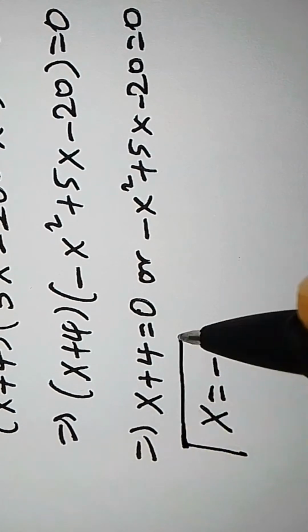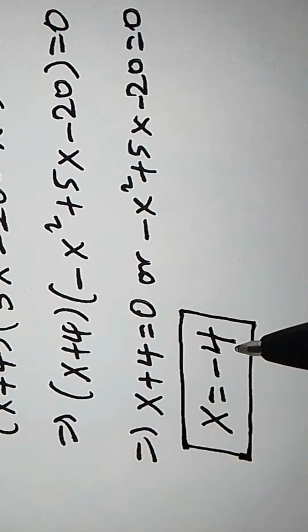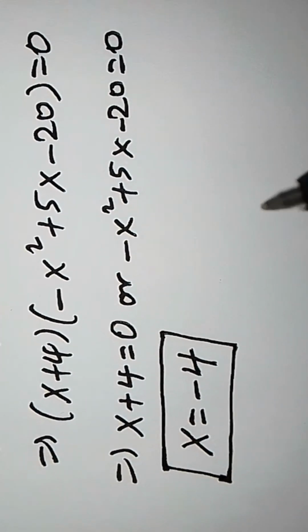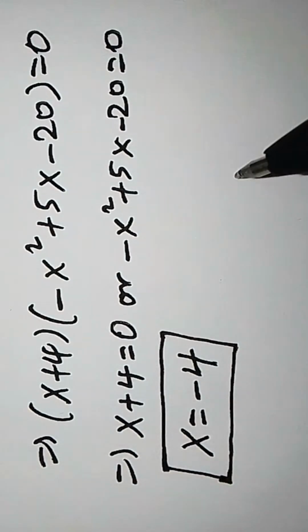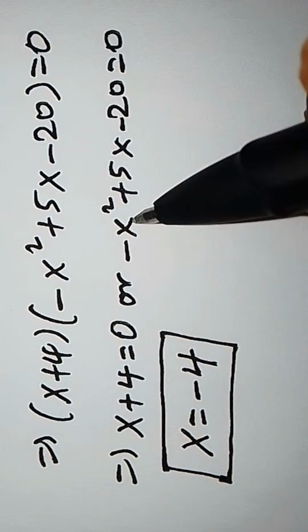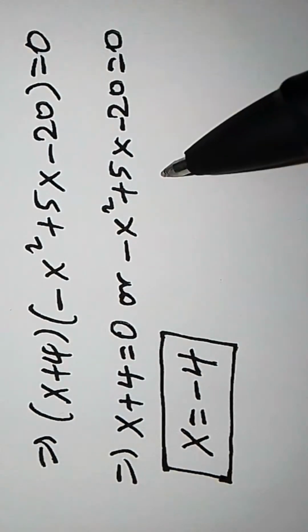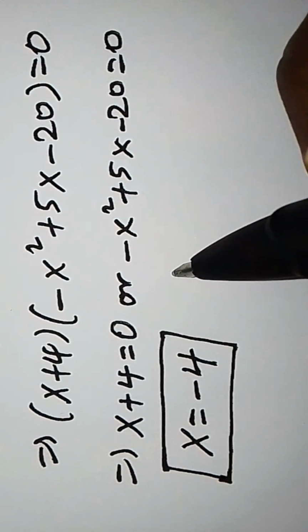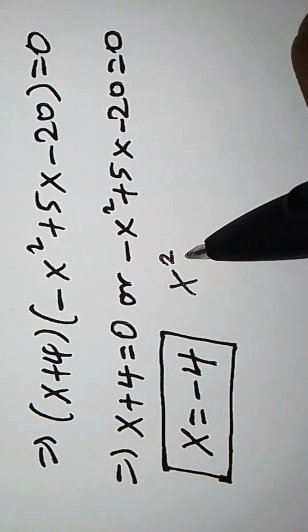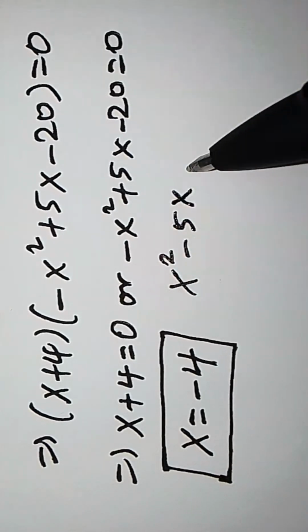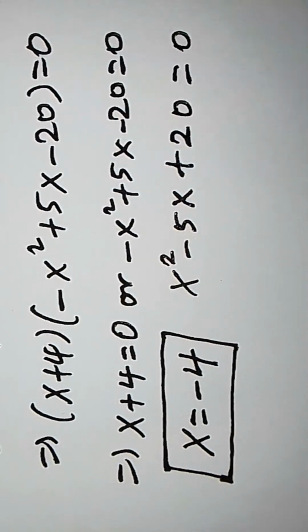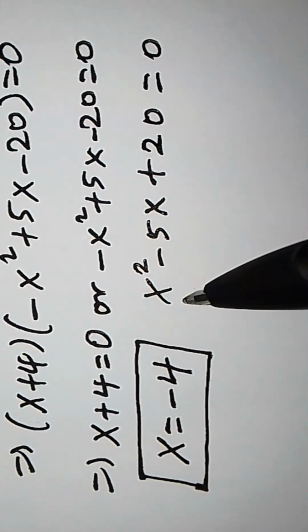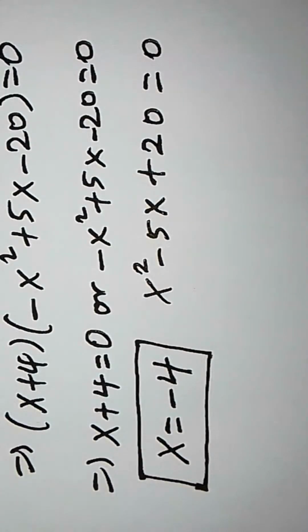This is the first solution. x equals to minus 4. Now, let us consider this quadratic equation. If we multiply both sides by minus 1, we have x squared minus 5x plus 20 equal to 0. Let us now solve this quadratic equation using the quadratic formula.